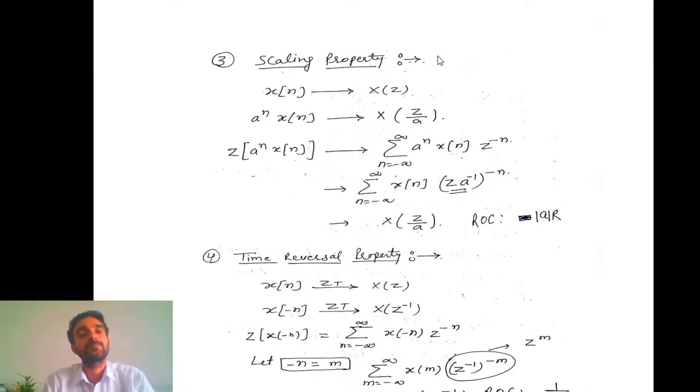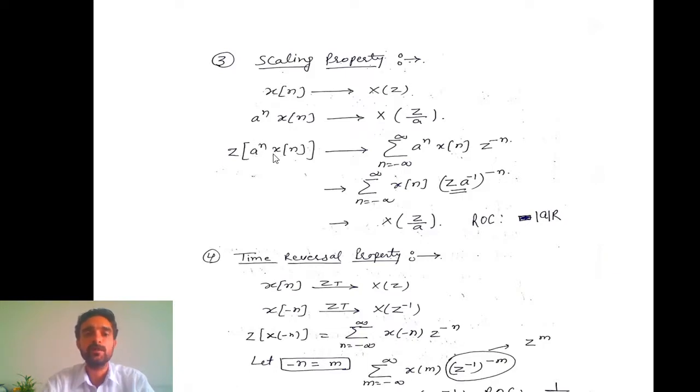Next is the scaling property. What is the scaling property? If the basic signal x of n has the z transform x of z, then a to the power n x of n will be x of z upon a. We have already seen this in the previous lecture, for example a to the power n u of n, where u of n is x of n and a to the power n is the scaling factor.